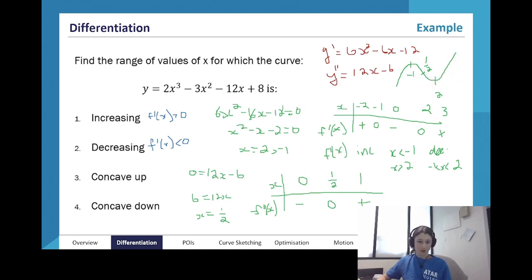So our answer as we write it is going to be that our curve is concave up when x is greater than 1/2, and it's going to be concave down when x is less than 1/2. And again, we're using strict inequality signs, because at 1/2, the curve isn't concave up or concave down. It isn't either one of them. So we have to use our strict inequality.